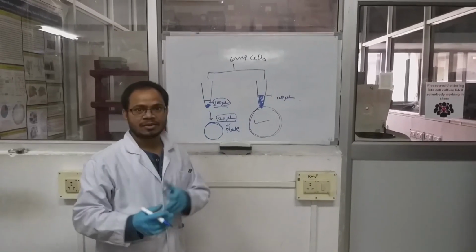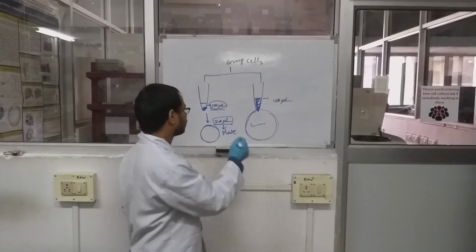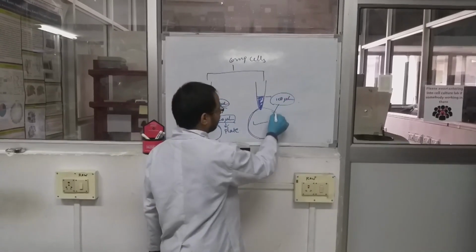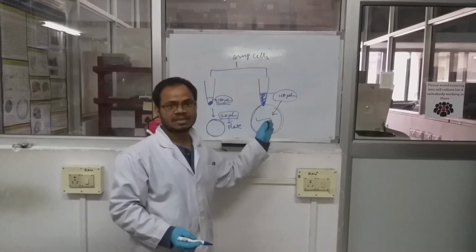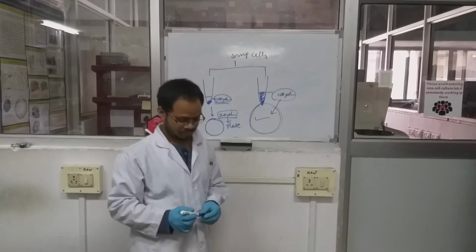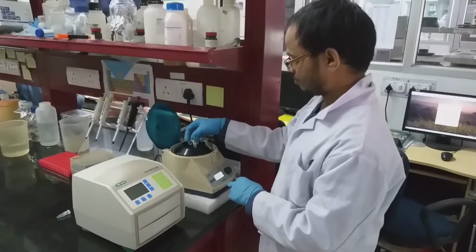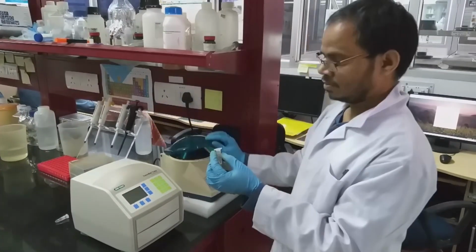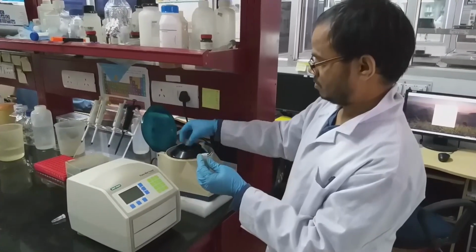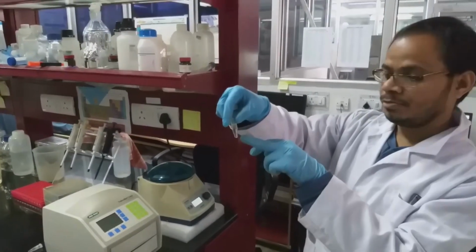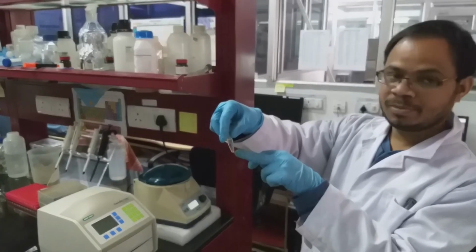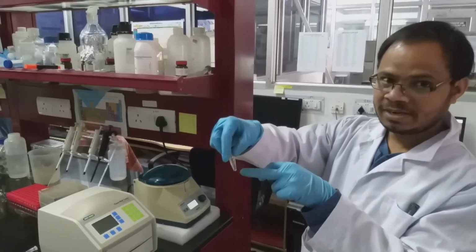But if you are expecting low transformation efficiency, you can use all 100 microliter for plating. This is the best way to increase chances of transformation. We got a pellet. Now we will take out the media and keep 100 microliter, resuspend and we plate.